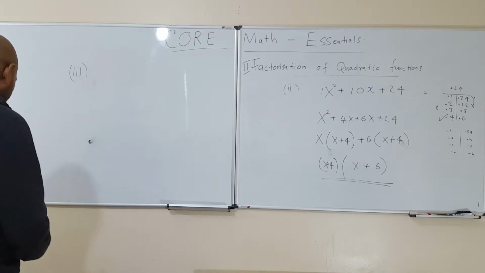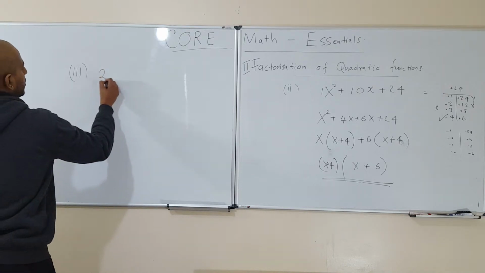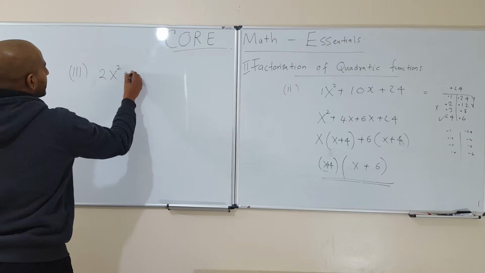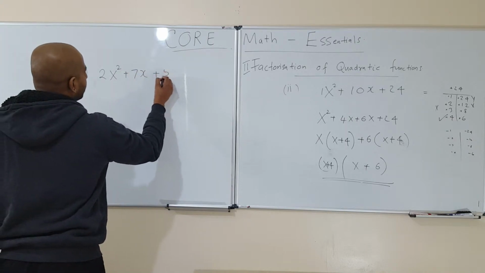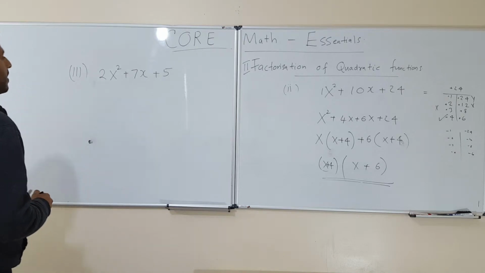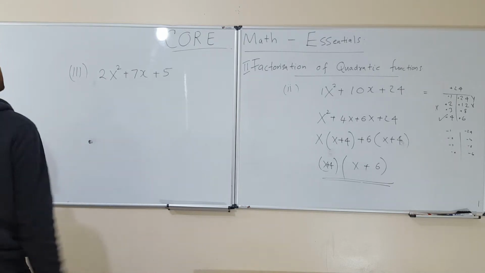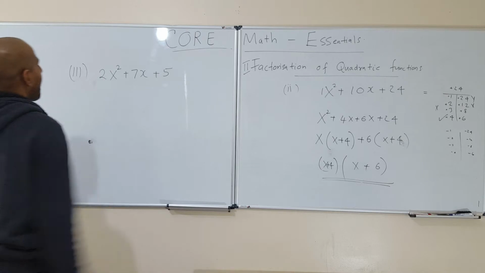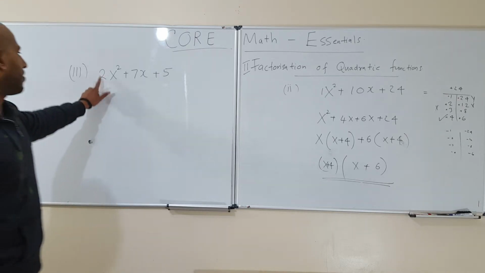Let's say we have a question like this: 2x squared plus 7x plus 5. It's slightly different because the coefficient is 2 now.